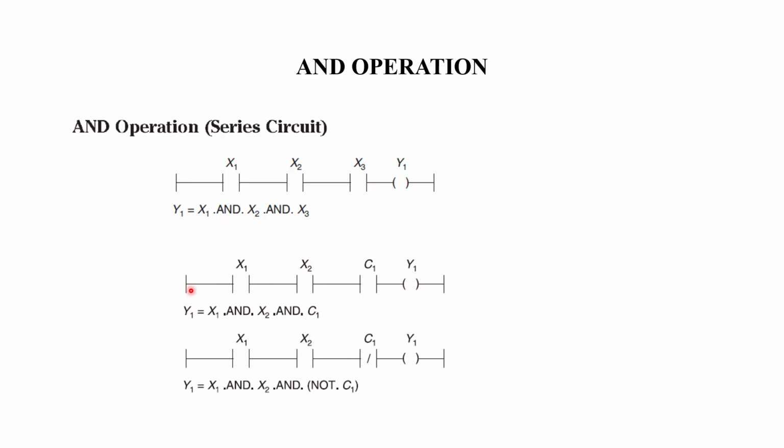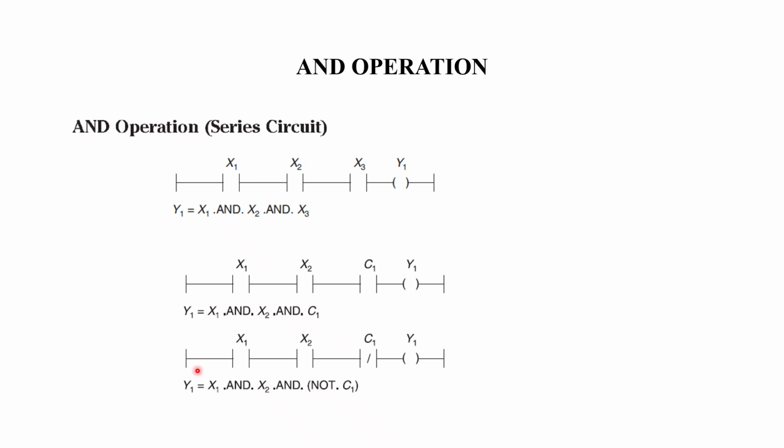Similarly, take a second rung schematic which has 3 inputs x1, x2, c1 and 1 output y1. You represent y1 as x1 and x2 and c1.